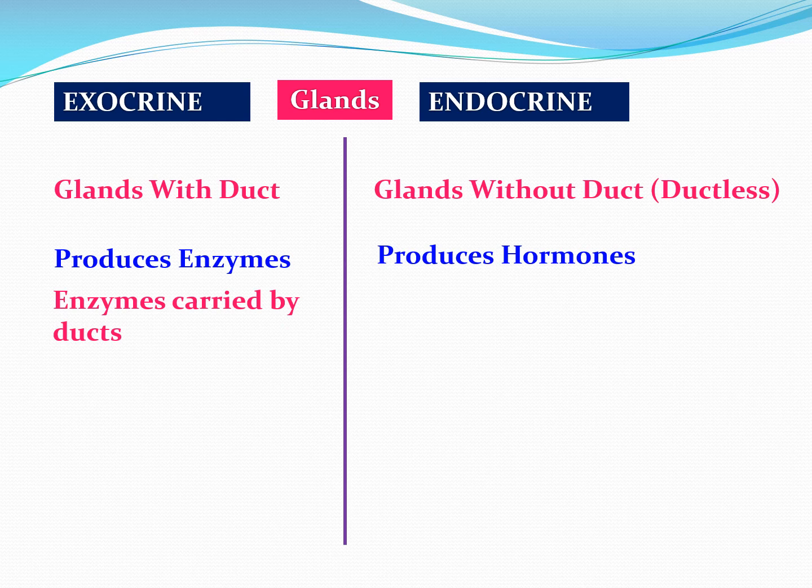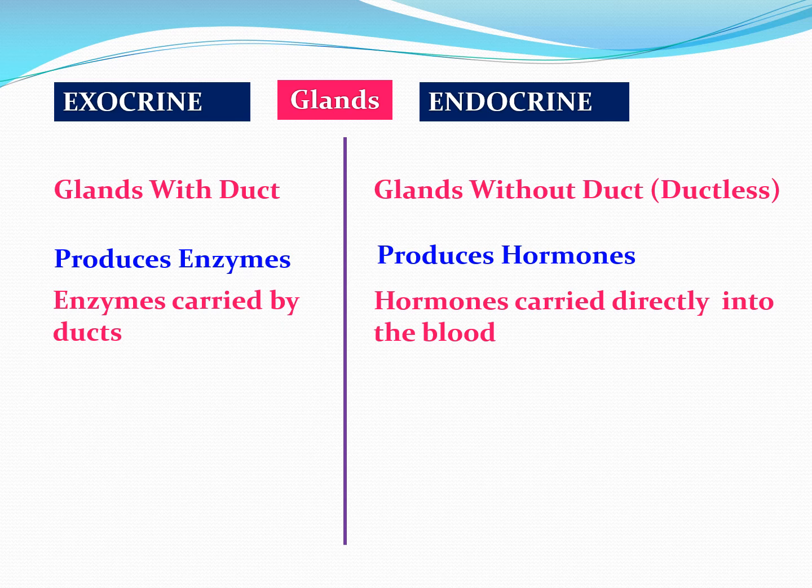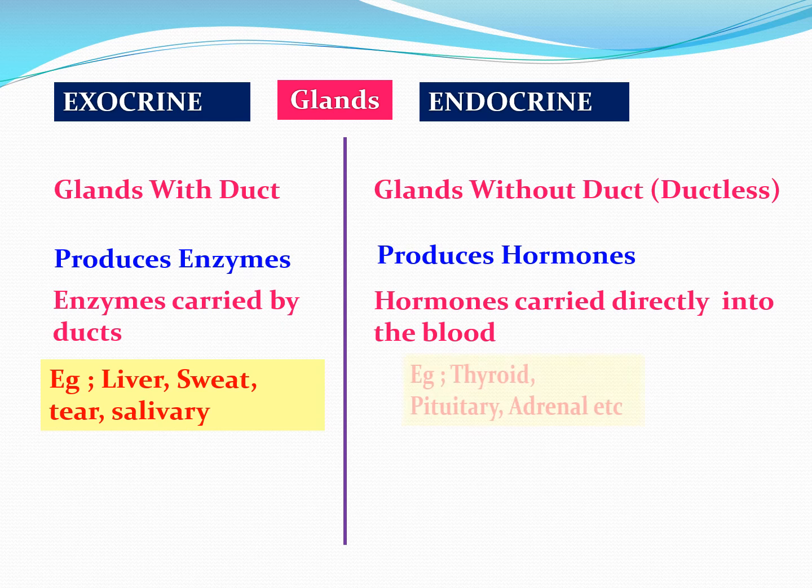So enzymes produced are carried by ducts, hormones are carried directly to the blood. Examples for exocrine glands include liver, sweat, tear, salivary glands. For endocrine, thyroid, pituitary, adrenal, etc.